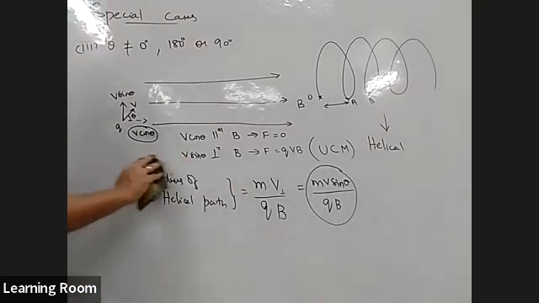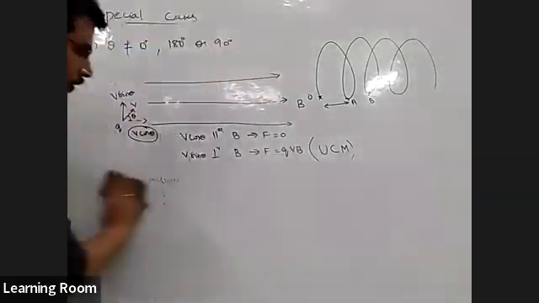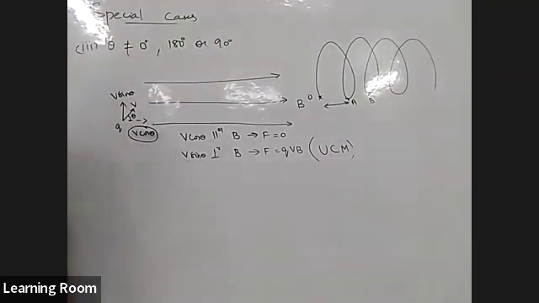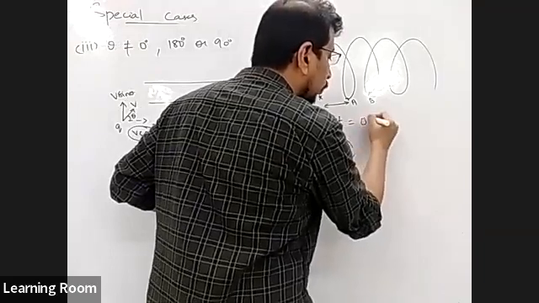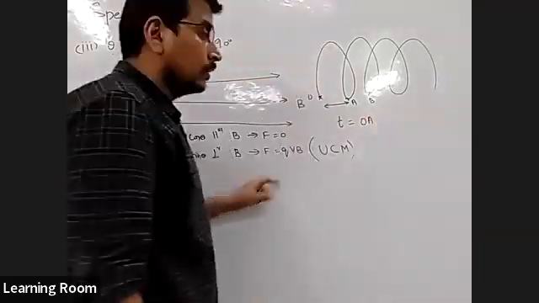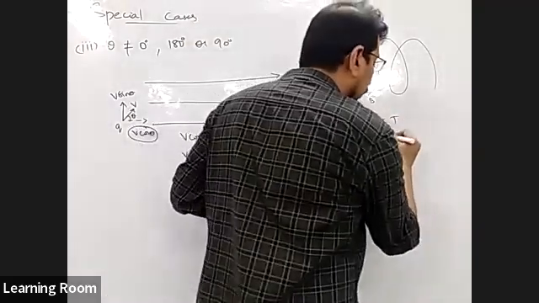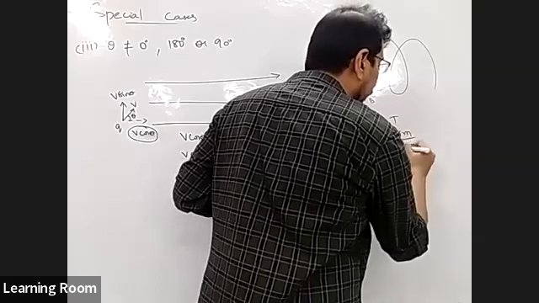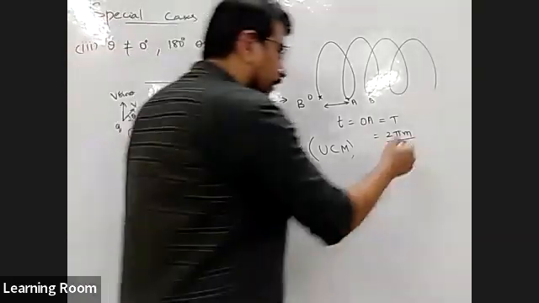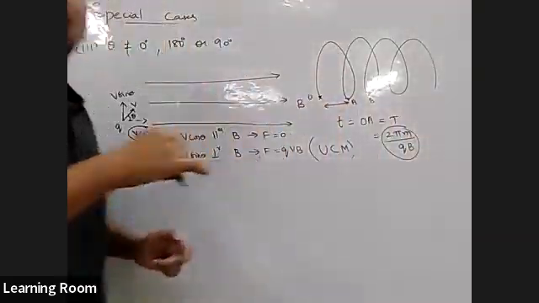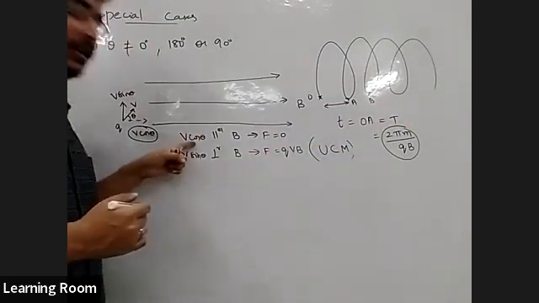So we know the time taken. How much is the time taken by the particle to go from O to A? Time taken by the particle to go from O to A is one time period, which is equal to 2 pi m divided by qb, correct? But in this time, who's pushing the particle along the horizontal direction? It is v cos theta.